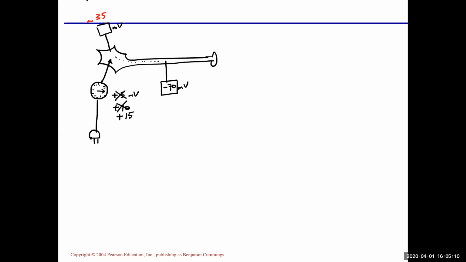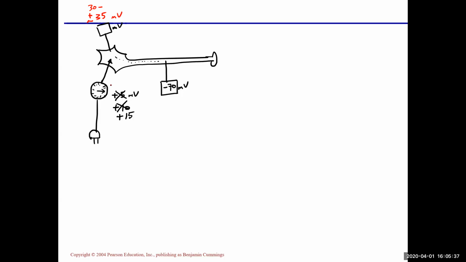All right, this is +35. So this is very interesting because when you're looking at it, this +30 or +35, let's say 30 to 35 millivolts, is changing, right?